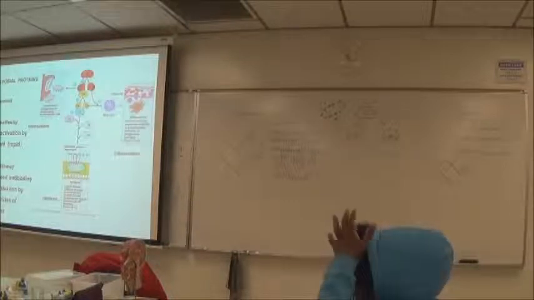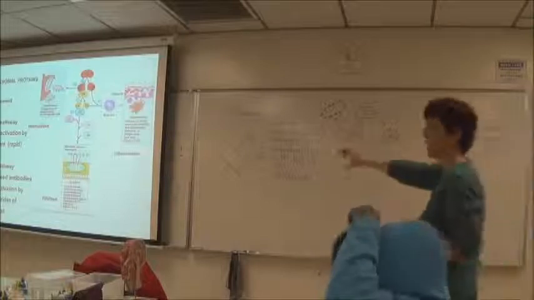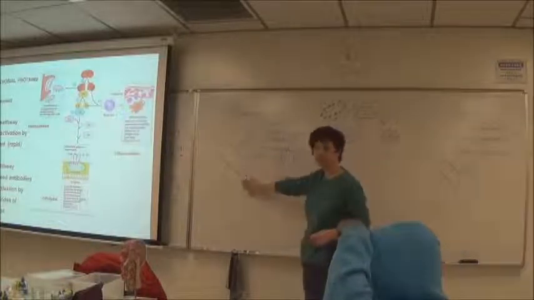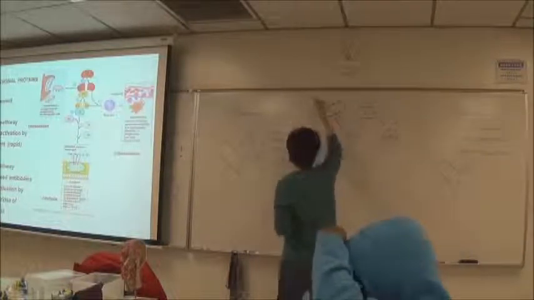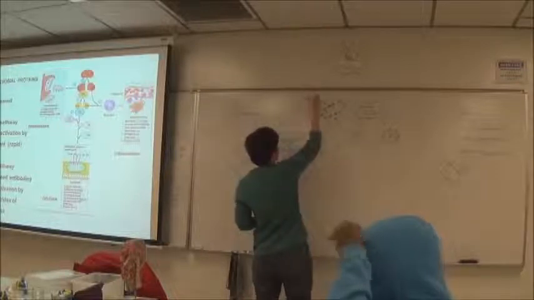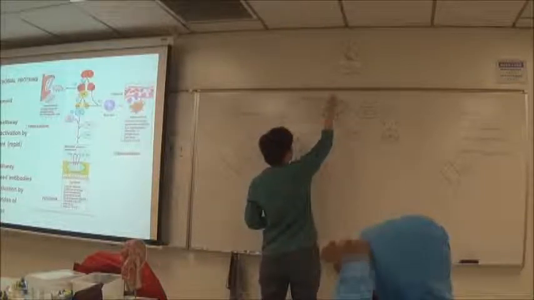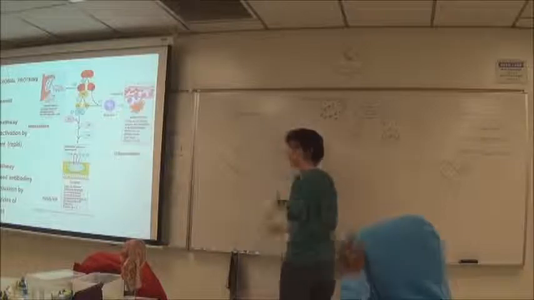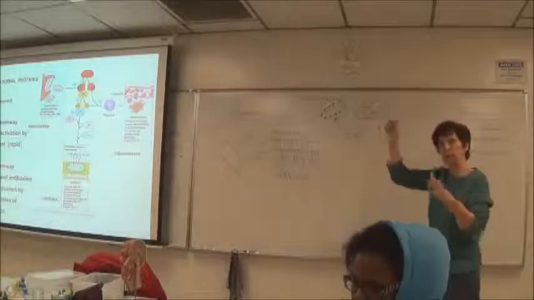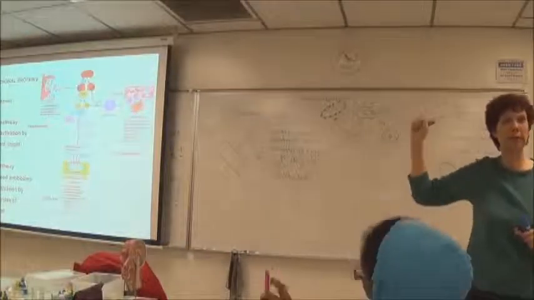Coating the surface with anything is called opsonization. All right, so this was opsonization by the antibodies. This is opsonization by C3b. And opsonization is kind of like waving a red flag to a macrophage or a neutrophil.